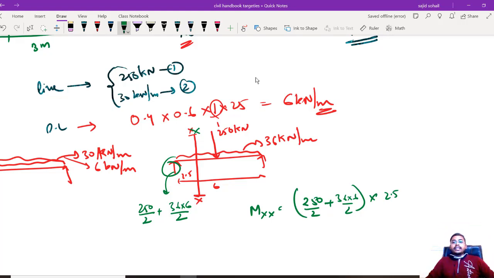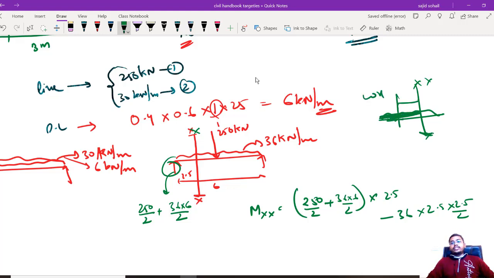So it is nothing but minus 36 into 2.5 into 2.5 by 2, because I know if there is a UDL, if you want the moment at XX because of this UDL, it will be WX, load till this point, into its centroidal distance, which is x by 2, right? So I will be getting WX square by 2. तो वही मैं यहाँ पे करा. I hope it is very simple.